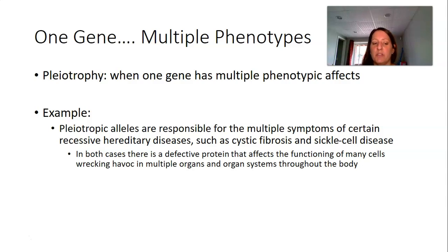Individuals who have cystic fibrosis must have inherited two recessive alleles, one from each parent, and therefore they express this recessive disease, cystic fibrosis, which is a pretty nasty disease. This one gene affects multiple organ systems. So there's one protein that is defective, and that one protein is going to wreak havoc on multiple organs and organ systems throughout the body.